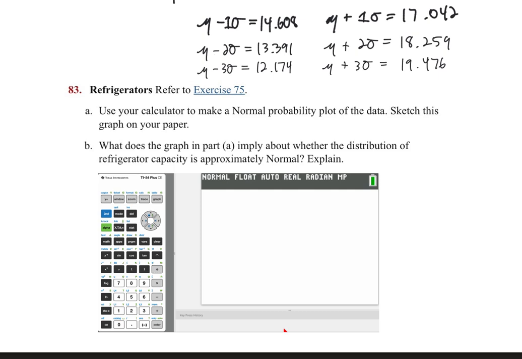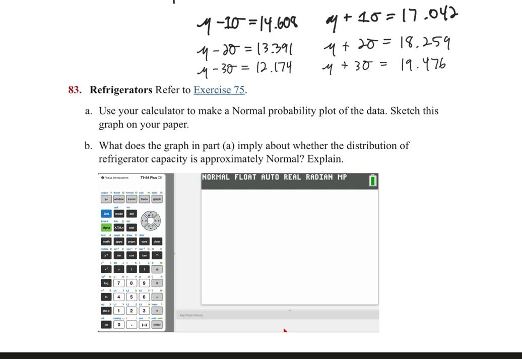They say use your calculator to make a normal probability plot of the data, and then sketch this graph on your paper. Okay, so to make a normal probability plot, we want to use the z-scores on the y-axis.